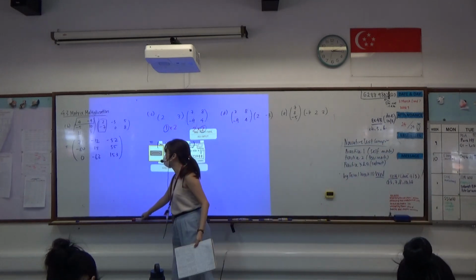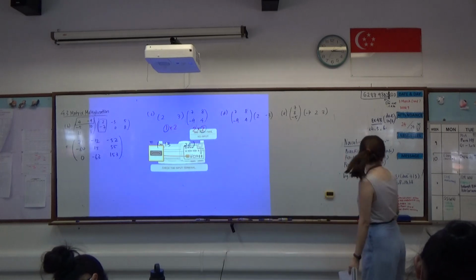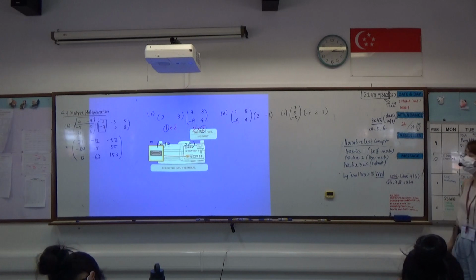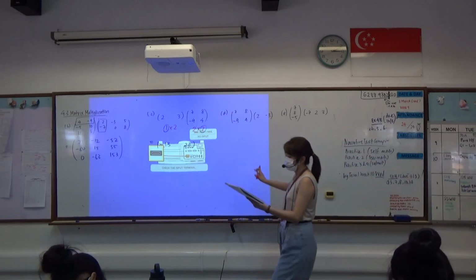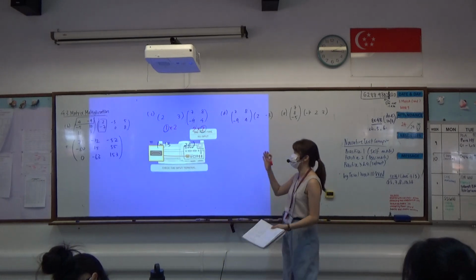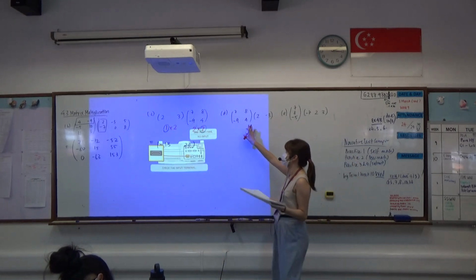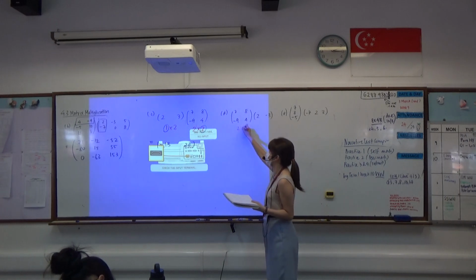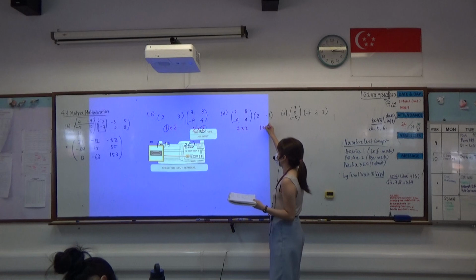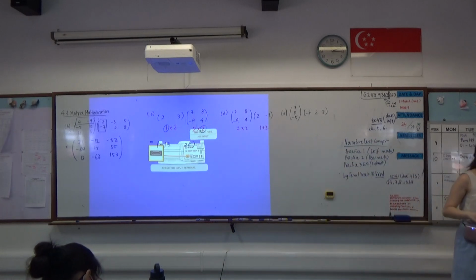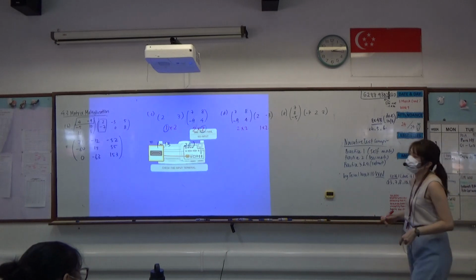Next, we look at part D. Alright, let's take a look at part D where we have 7, 8, negative 9, 4, and 2, negative 3. Something similar to part C, just that we shift the matrices around. So instead of the square matrix on the right, we have it on the left now. This one, the order is 2 by 2. This one is a 1 by 2 matrix. Now, is this solvable? It's not solvable, right?